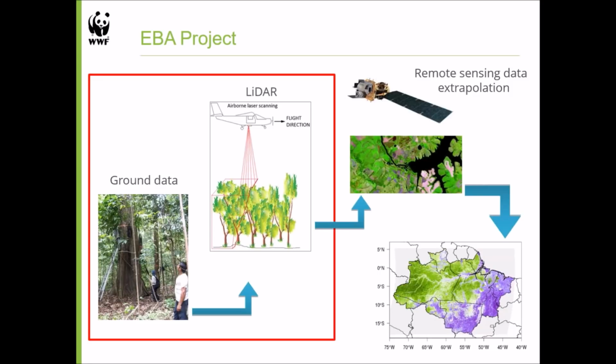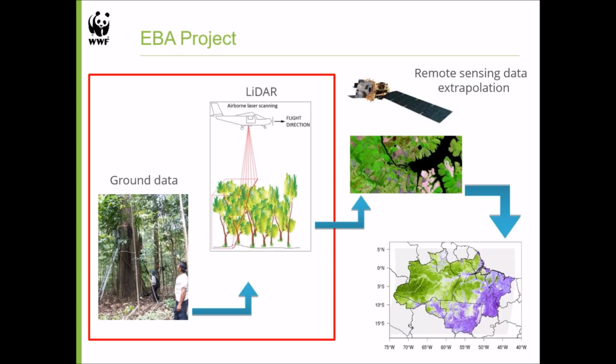That is, we flew above their plots, areas on the field, and we provided them the LiDAR data, and they provided us back their field data, their biomass estimation of the field data. So we had a lot of different plots spread around the Amazon in a way to improve our studies, okay?